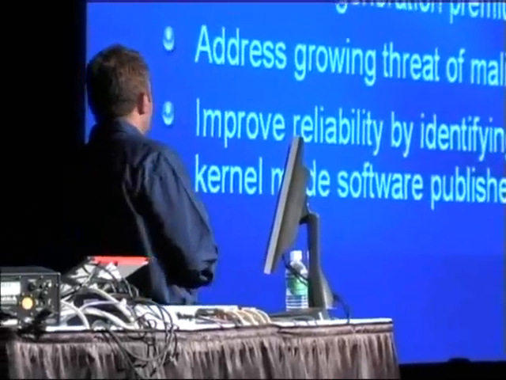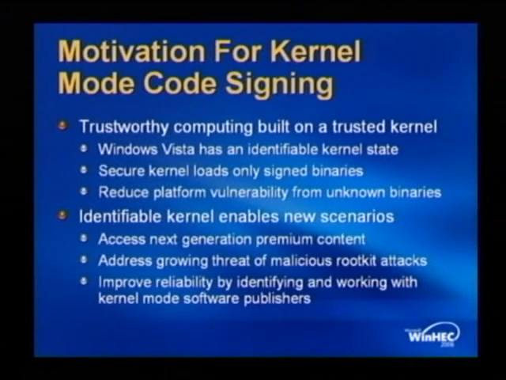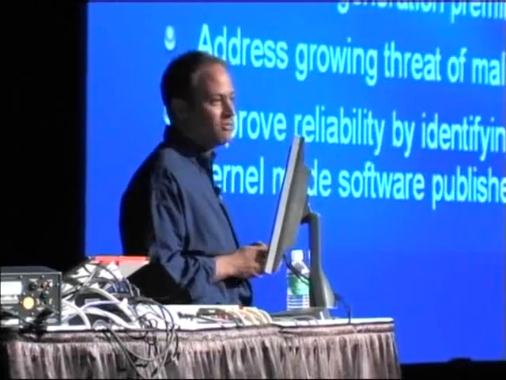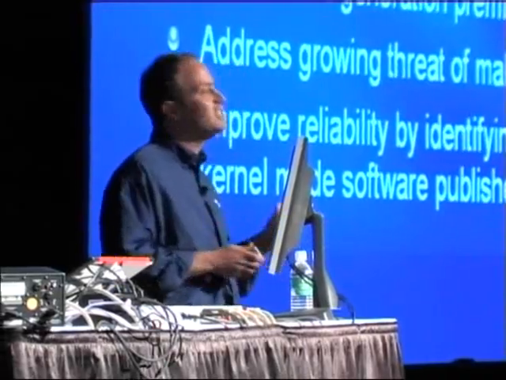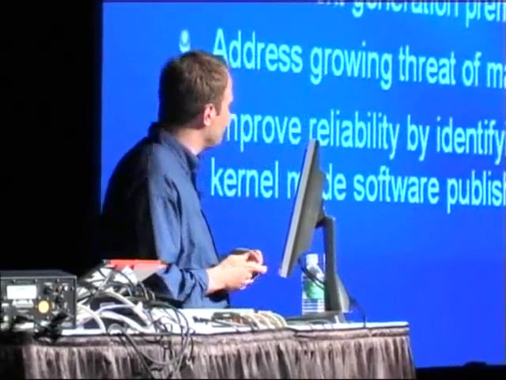Another thing the identifiable kernel state helps us with is to address the growing threat of rootkits, right? It doesn't completely prevent it, but it helps us at least identify it, or leave it to the user to decide whether or not they want to install this rootkit on their machine. And there are a couple of examples of signed rootkits that users can opt in to sign right now.